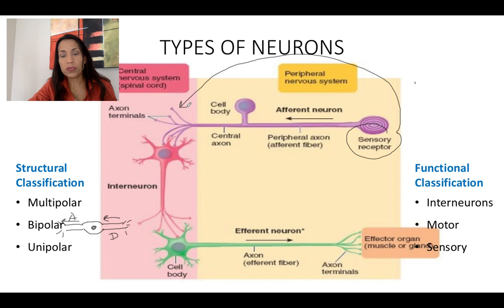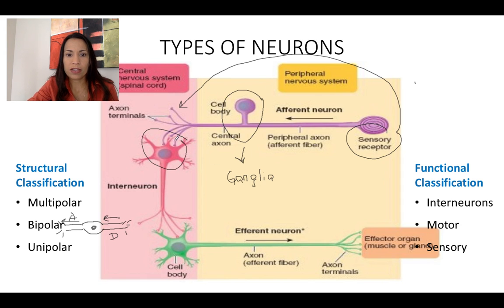So the neurons that perform these functions are sensory neurons, and most of them are unipolar, and they are located in one structure in the peripheral nervous system that is called ganglia. Remember that I told you, and especially this one, dorsal root ganglia. Remember I told you that a cluster of cell bodies in the peripheral nervous system are called ganglia, and a cluster of cell bodies in the central nervous system are called nuclei.